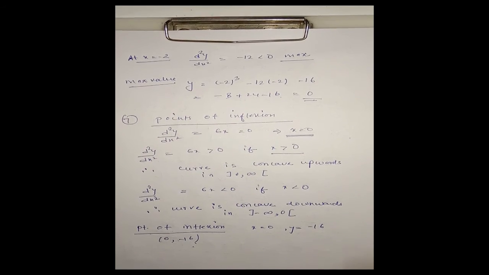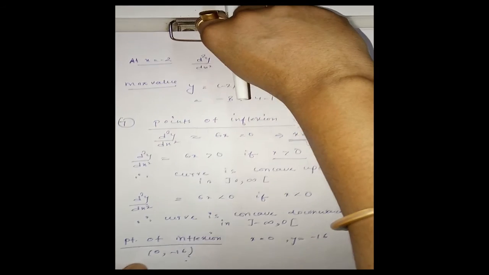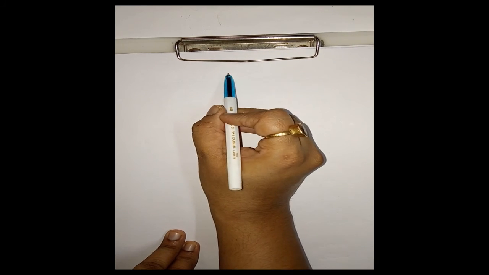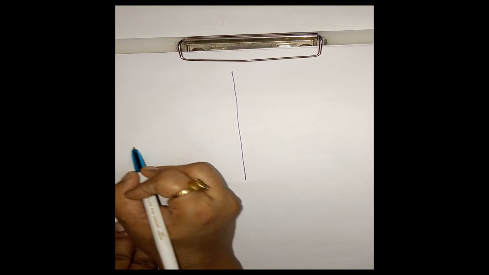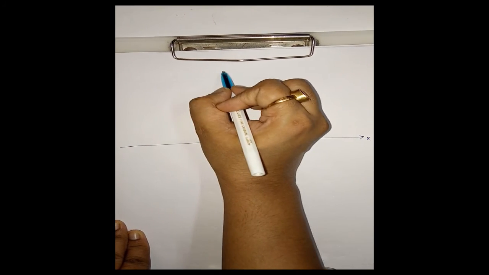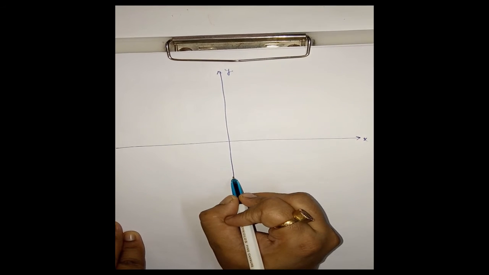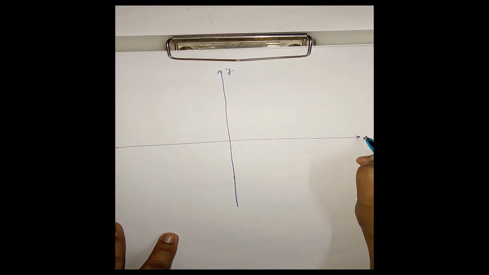Okay. Now from all these, tangents and asymptotes and maximum value, minimum value, from all this information, we can now trace our curve like this. This is my x-axis, this is my y-axis. Okay, now first thing is my tangent.